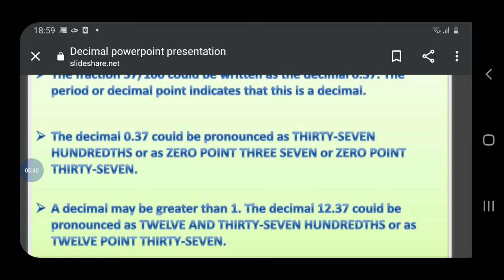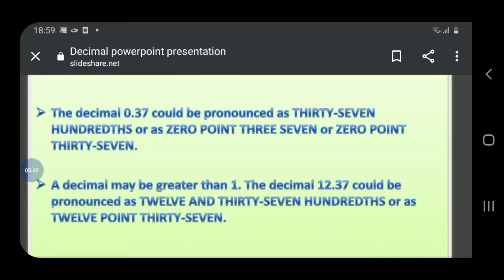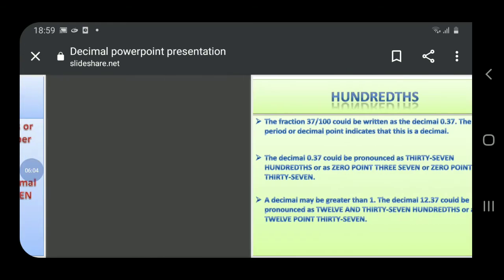If we pronounce it as 0.37, we say point 3 7. Now, a decimal may be greater than 1. We have studied that just now. The decimal 12.37 could be pronounced as 12 and 37 hundredths or 12.37. So these are different things.